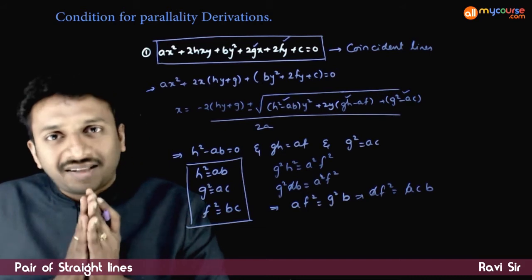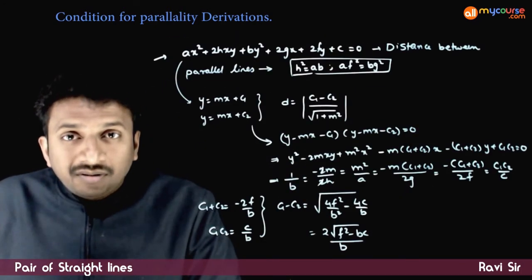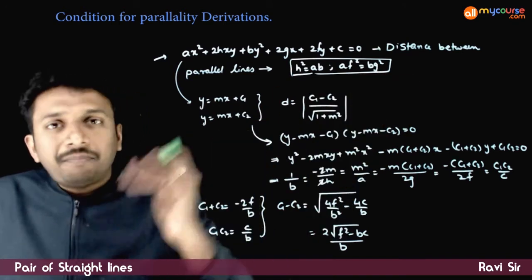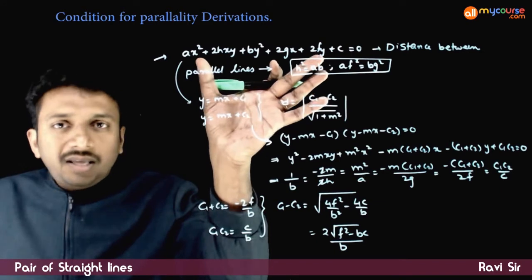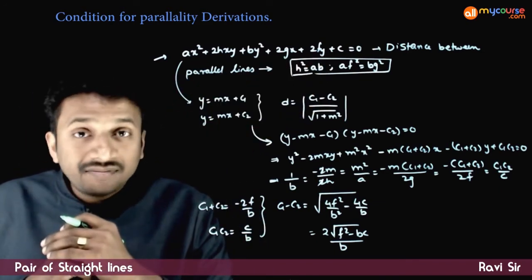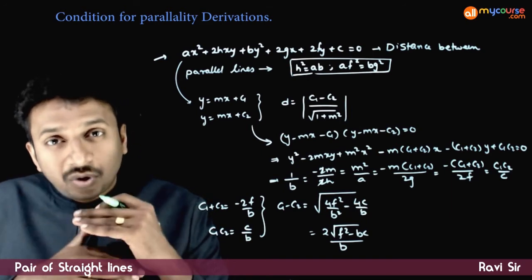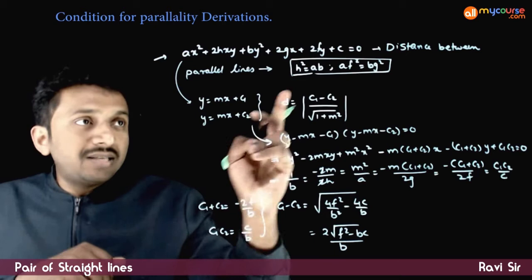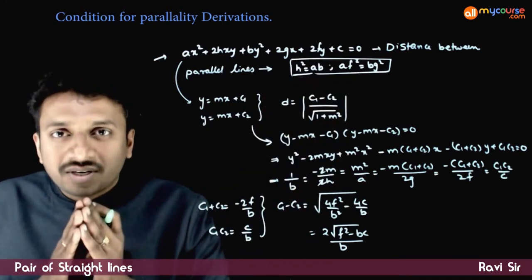They are coincident lines. Next, let us look at the derivation for the distance between parallel lines. Suppose that this equation represents two parallel lines, and we have seen that the conditions that need to be satisfied for two lines to be parallel are h square is equal to ab and af square is equal to bg square.